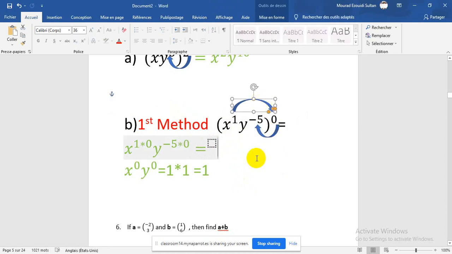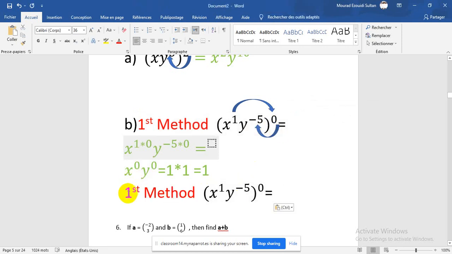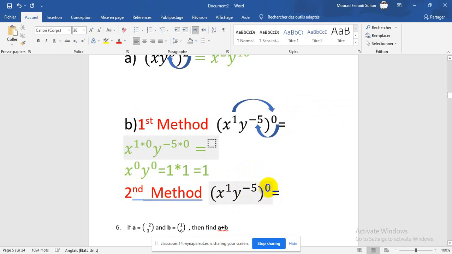Now, second method. I will write here second method. No need to do all of this. You just write 0 as 1 minus 1.